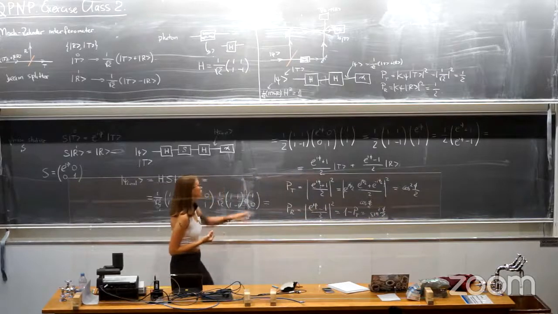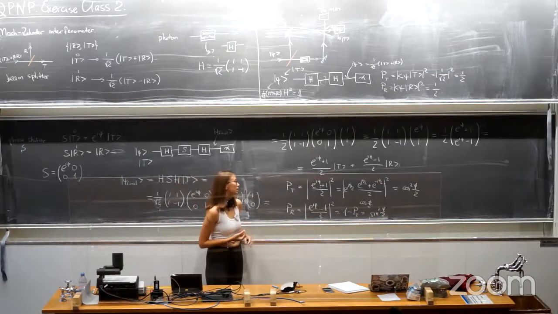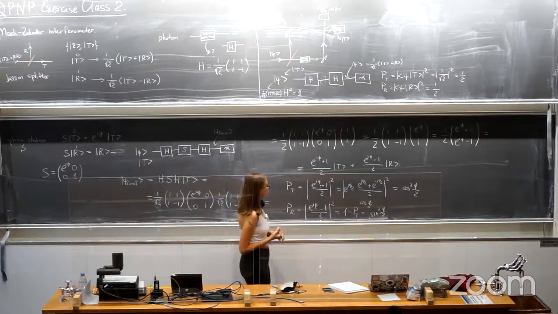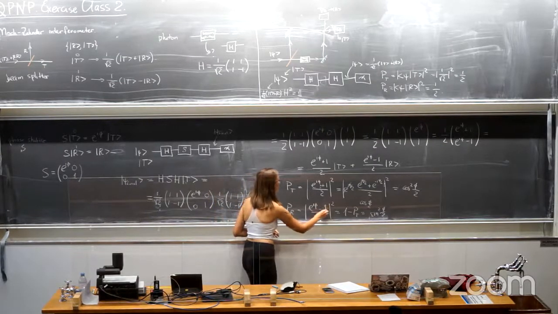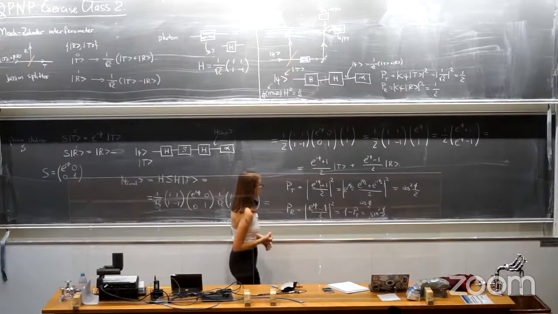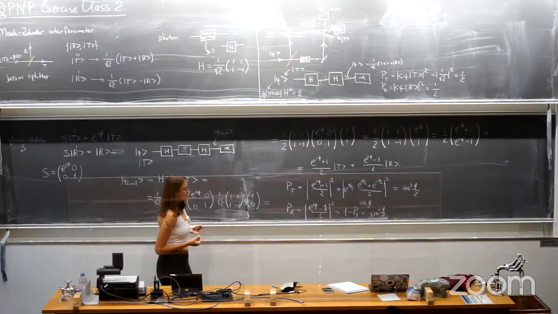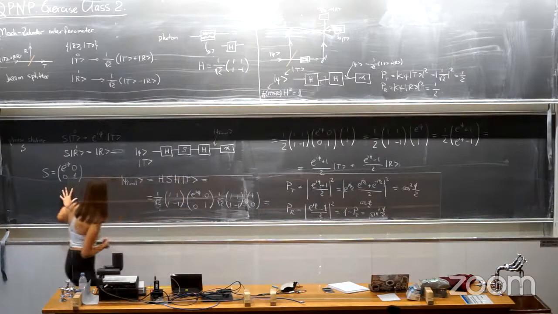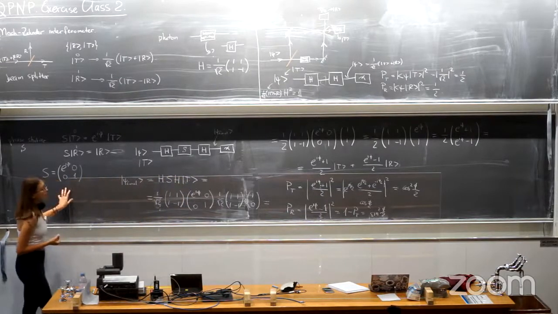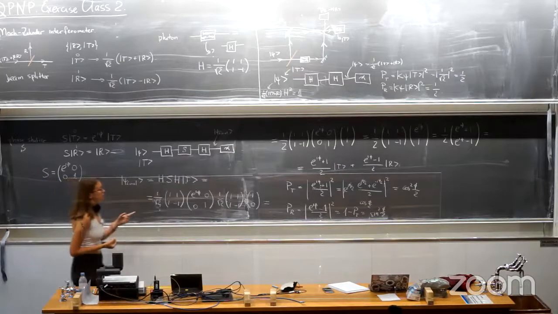Or you can do the same thing as here, take out e to the power i phi over 2 and come to the same conclusion, because then you will get a sine. So here we see that introducing this phase shift on one of the legs, which corresponds to this unitary operation, actually results in a meaningful change of statistics.